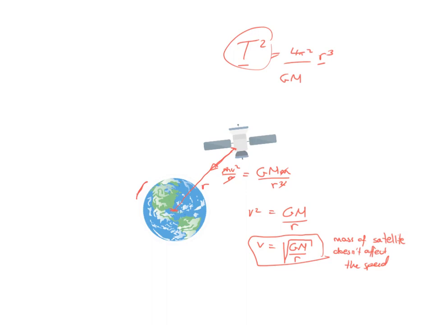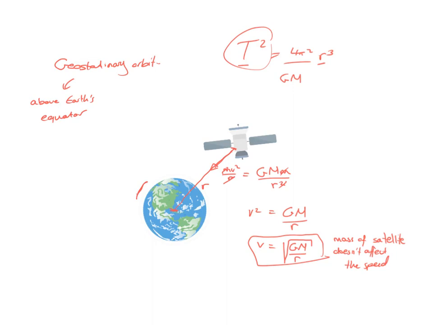Now, geostationary satellites are placed in a very specific orbit, the geostationary orbit. That is directly above the Earth's equator. It rotates in the same direction as the Earth rotates, and it has an orbital period of 24 hours.